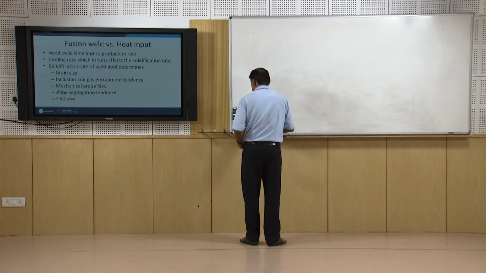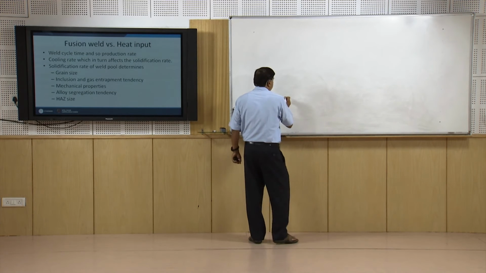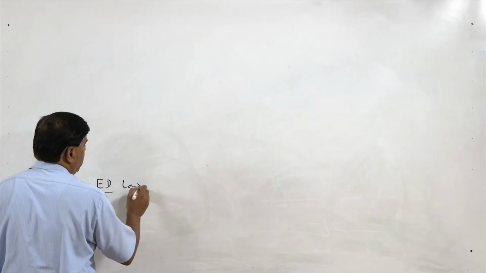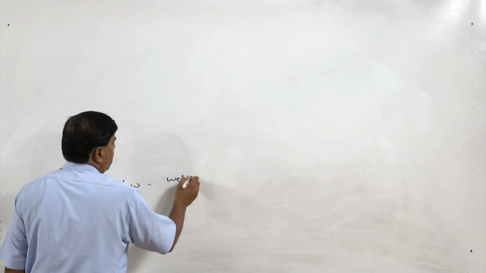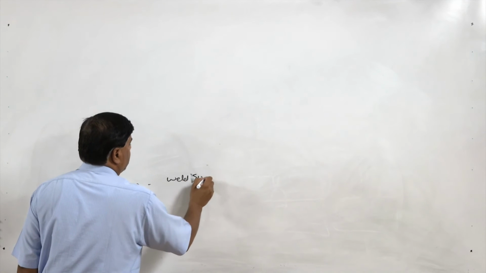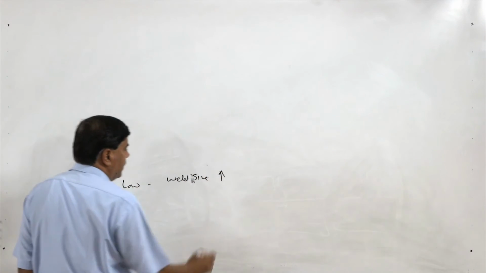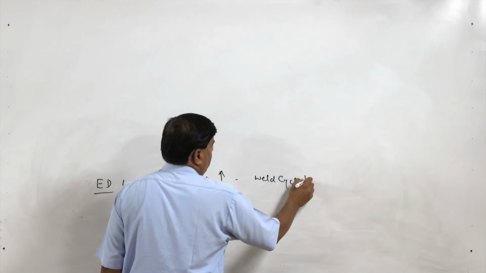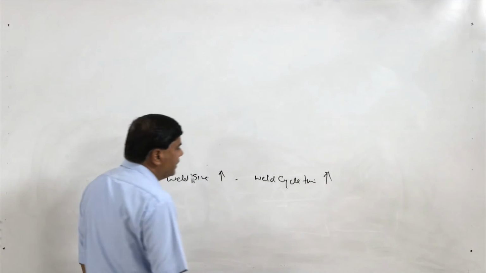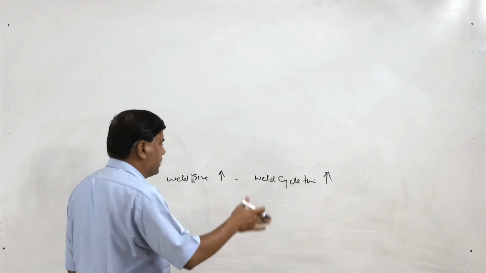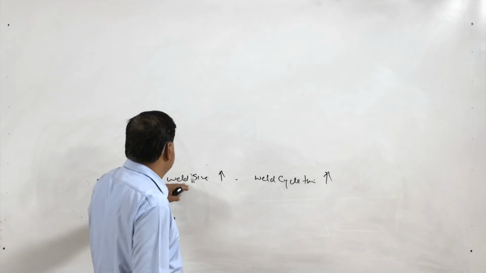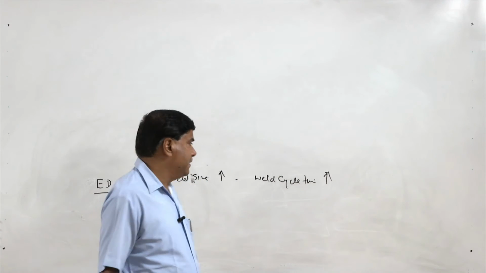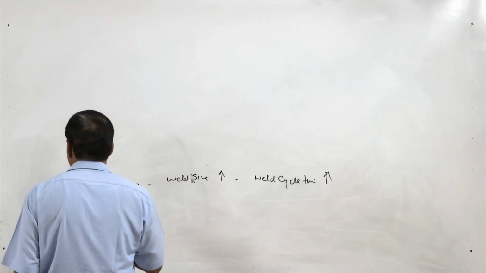So, when the energy density is low, the weld size is big and the weld cycle time is long. This delays the production process as a whole. The weld size is large, with longer solidification time, so it delays the weld cycle when the energy density is low.